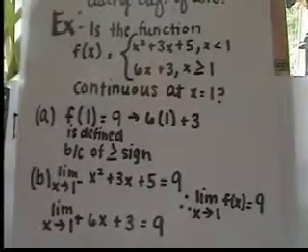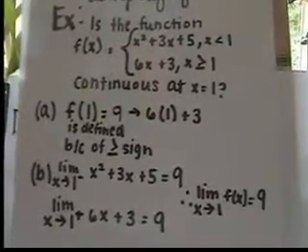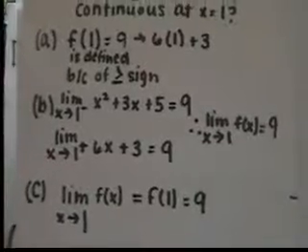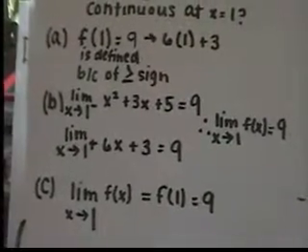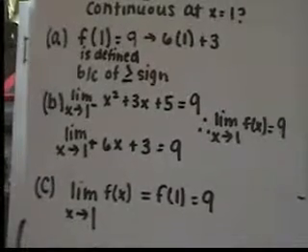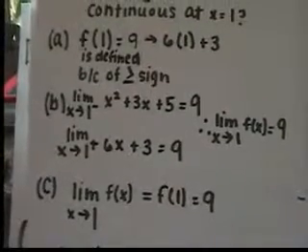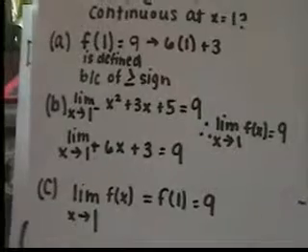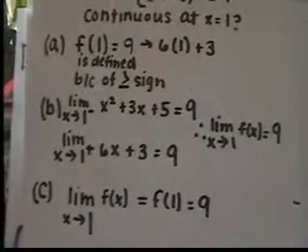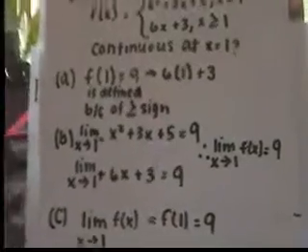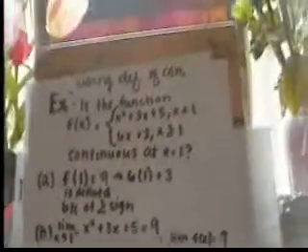Therefore, the limit of f of x as x approaches 1 equals 9. And now you have to test the last condition. The limit of f of x as x approaches 1 equals 9, and also f of 1 equals 9, thereby making the conditions all true, and this function is continuous at x equals 1.